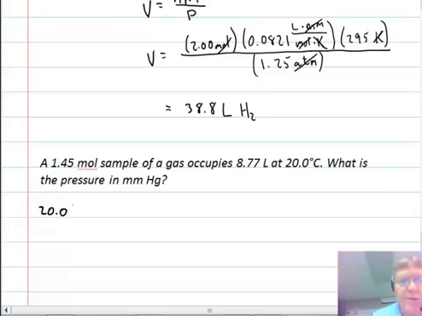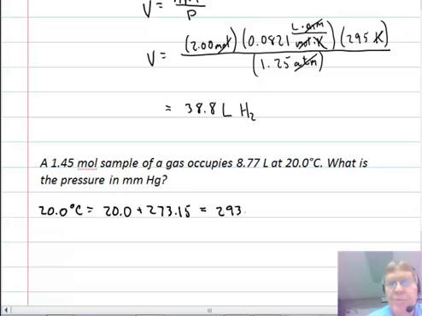20.0 degrees Celsius is equal to 20.0 plus 273.15. Now, notice since we have a decimal portion here, I'm going to use this 273.15, and when I do the addition, let me show this to you in two steps. I come up with 293.15, but I have to round to the first decimal place there.